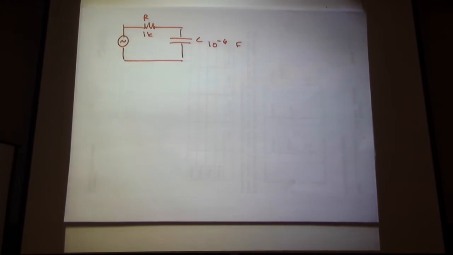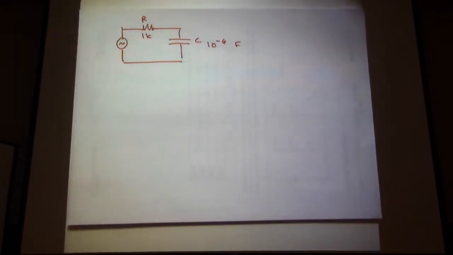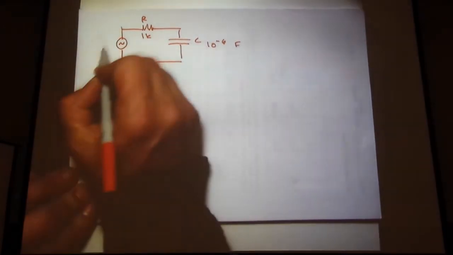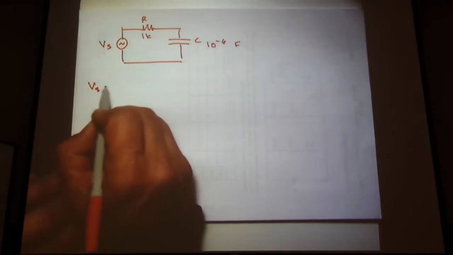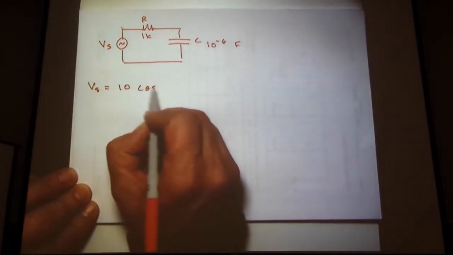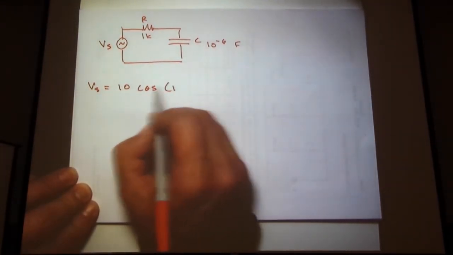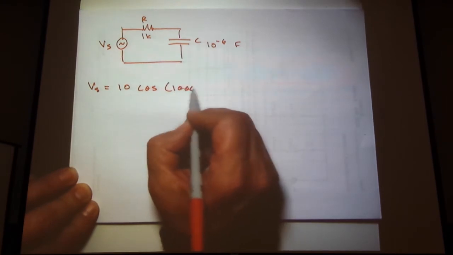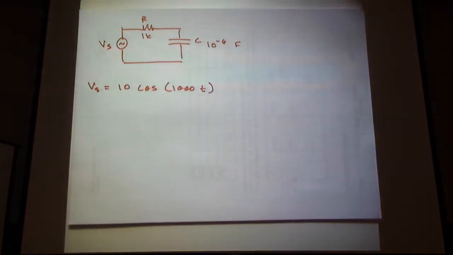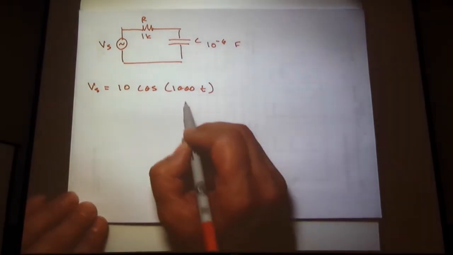Well, we need one more piece of information as we analyze these circuits. We need to know what our frequency is. And so I could say something like our V source equals 10 cosine 1000 t. And so our expression, this is omega.